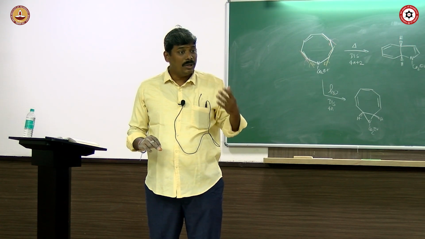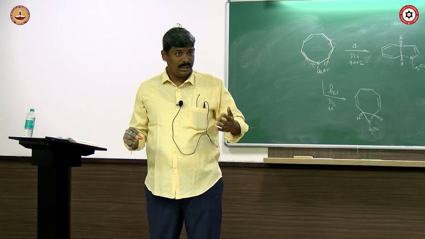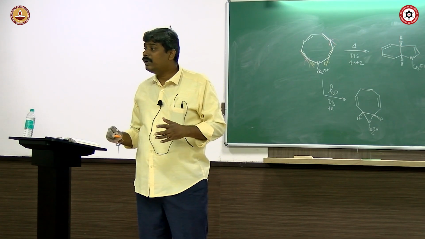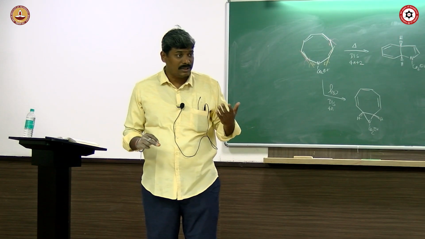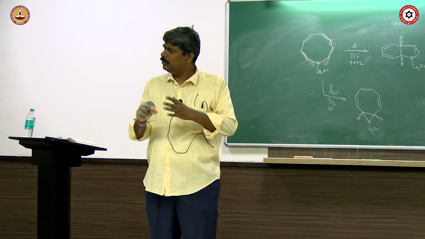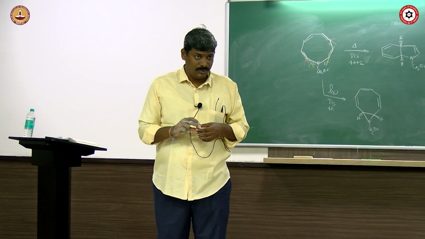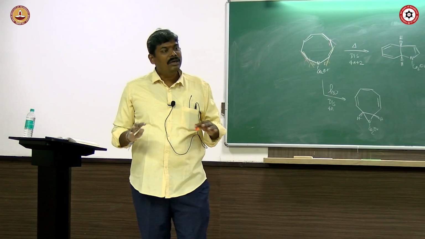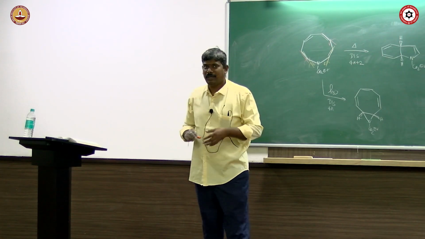We can go to even higher analogs, like an 8-carbon system. We can go to odd numbers instead of even, where reactions are very interesting. There is something called Nazarov cyclization. There are some cyclopropane ring openings, which are very stereospecific in nature. Those I'll probably touch upon and then take you to cycloadditions probably on Tuesday. Okay, I'll stop here.